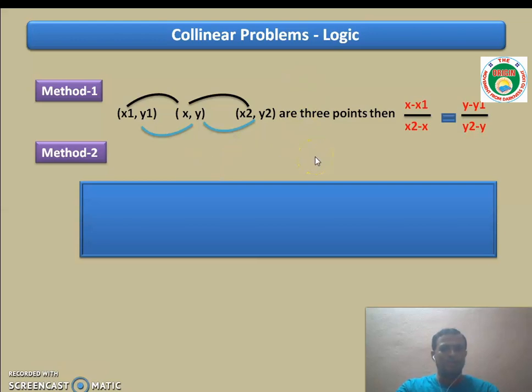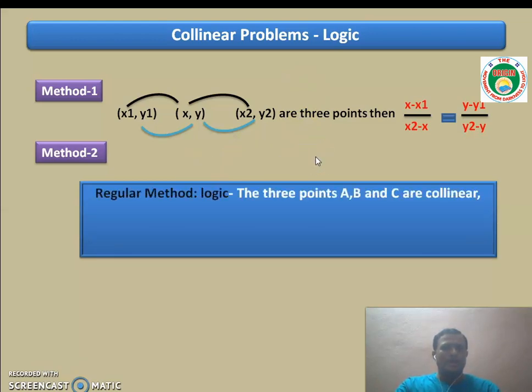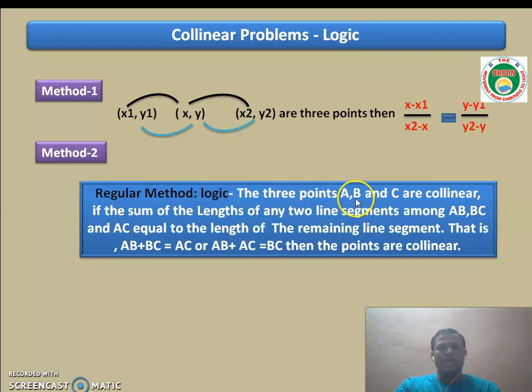Next, method 2. If the 3 points A, B and C are collinear, the sum of the lengths of any two line segments equals the third. That means you should first find the distances AB, BC and AC.